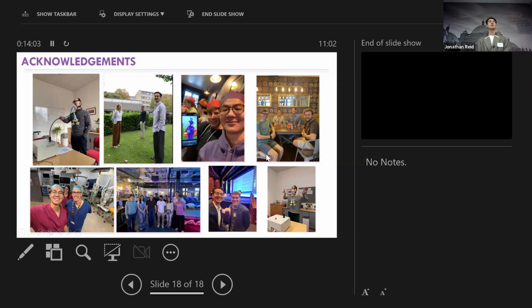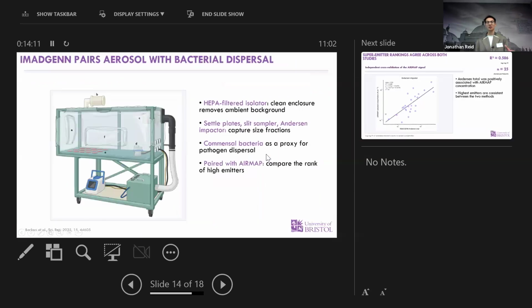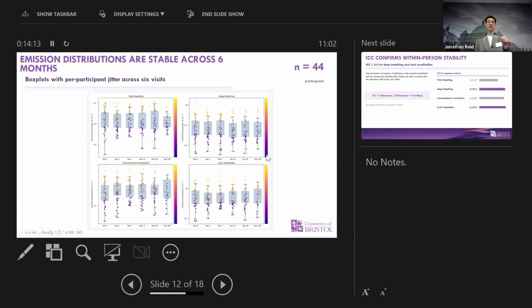Oh, that's a great question. I also have a figure. For the box plot I'm showing here, the color gradient is based on day one of the individual activities. I have another figure where the color gradient is based on the tidal breathing on day one.